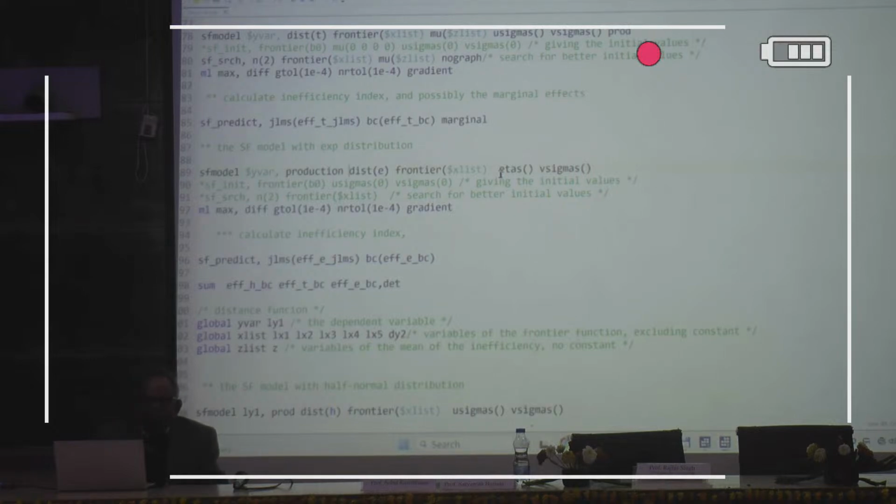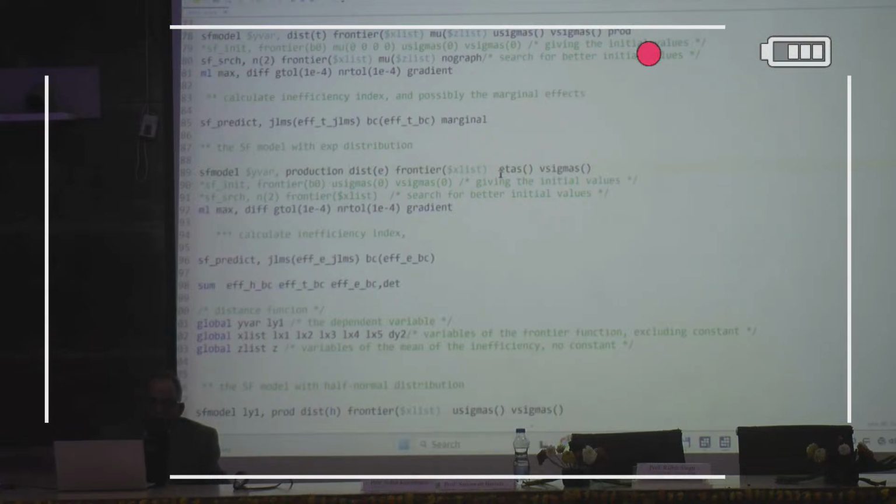But instead of E sigmas, it's written as etas, ETAS. So you have to know the sequence of commands exactly. If you use sigmas in here, it won't work, because for some reason, for exponential, the name is changed from U sigma to etas.